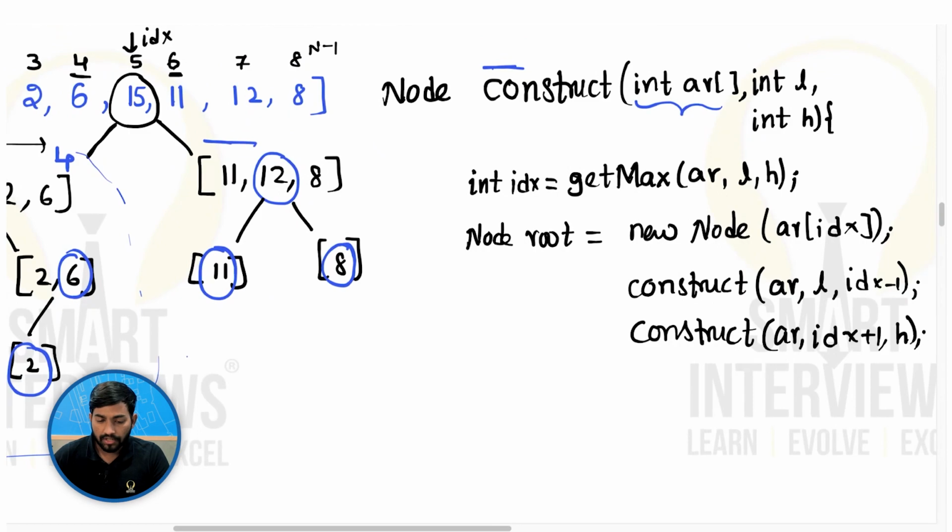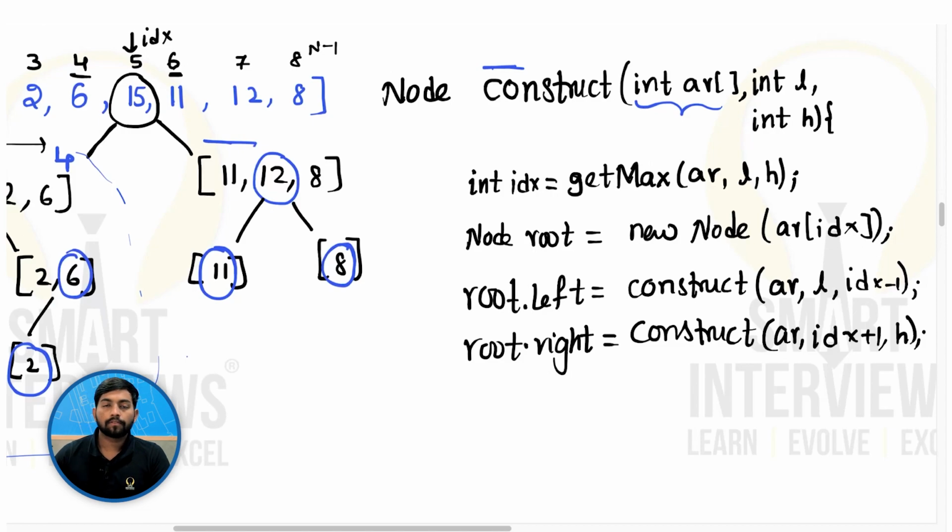Now this construct function returns the root of the left subtree. So I should store it in the left pointer of the root. In the same way, I'll store this on the right pointer of the root. Finally, I'll return the root of the constructed tree. That's it. So recursively we can construct the maximum tree.